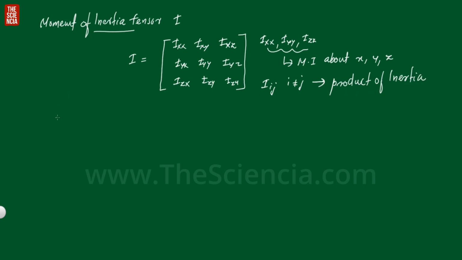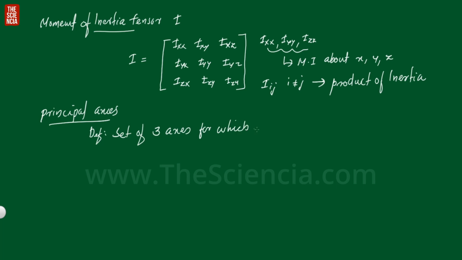Okay, now we are discussing the principal axis. The definition of a principal axis is like this: it is a set of three axes for which the products of inertia are 0.